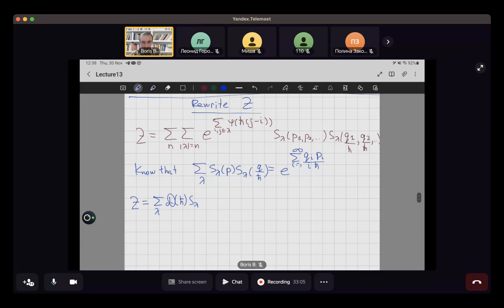I could write this D operator before the summation, so it is just equal to the action of this D operator on this linear combination of s_lambda of p with the coefficients s_lambda of q.